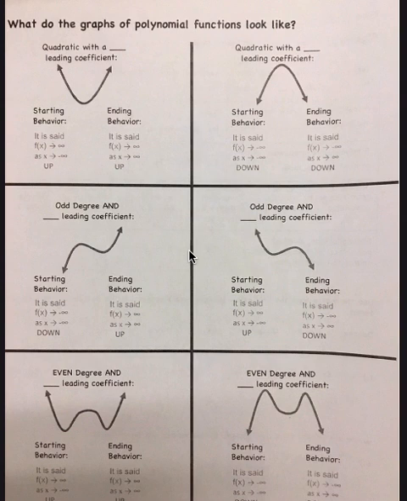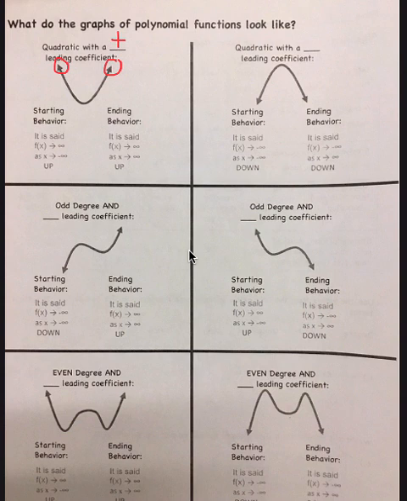So a quadratic with a positive leading coefficient is going to open up. It's a parabola, that's the word I was looking for earlier. It's a parabola that opens up. End behavior, so I'm looking at the arrows. And we always go from left to right. So the start is on the left-hand side. It is said f of x goes to infinity.